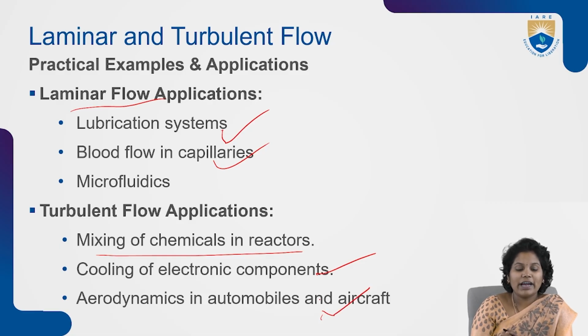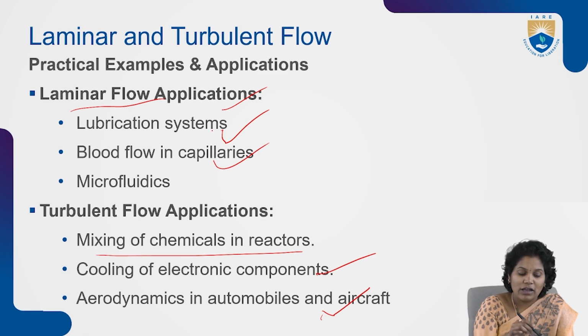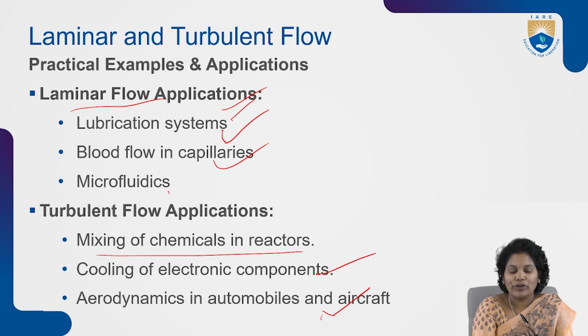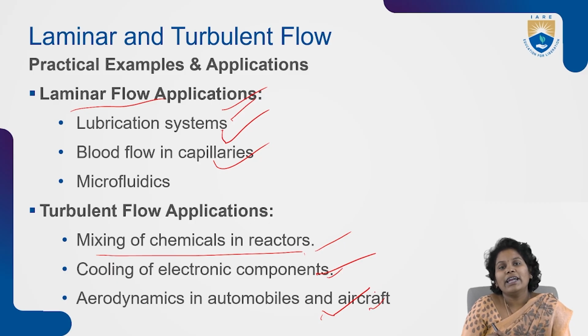These are the differentiations of the applications: in laminar, blood flow in capillaries, lubrication systems and microfluidics; in turbulent flows, mainly mixing, cooling of electronic components and aerodynamics in automobiles and aircraft.